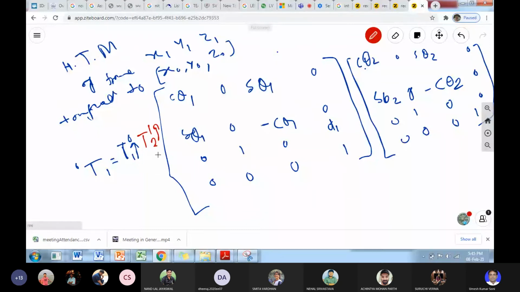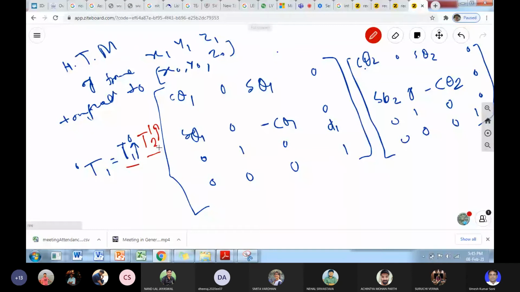Okay, first frame, that is x2 y2 z2 to x1 y1 z1. Here x1 y1 z1 is transformed to the x0 y0 z0. Okay, ये समझ में आ रहा है क्या?